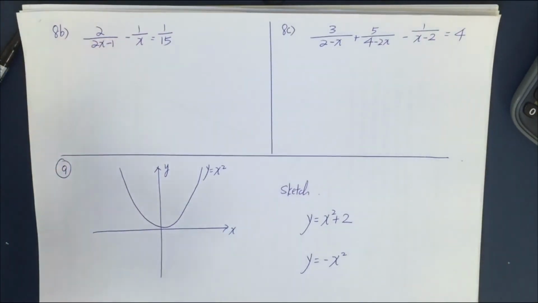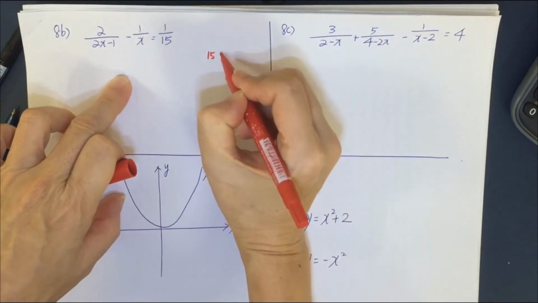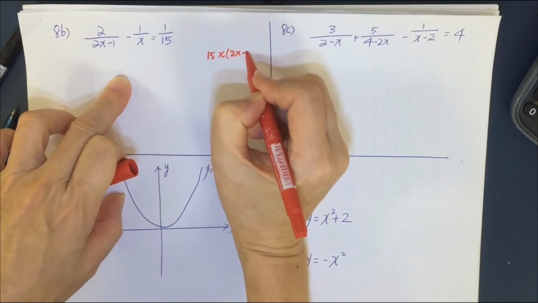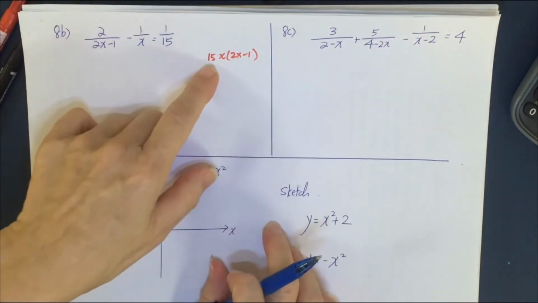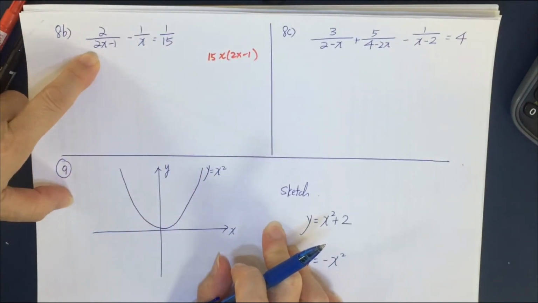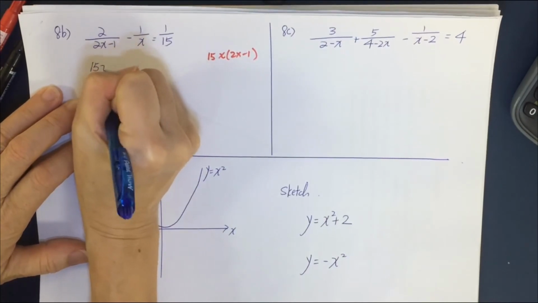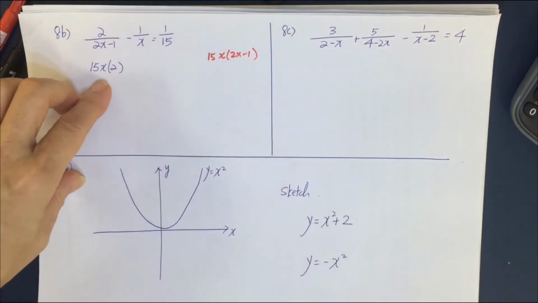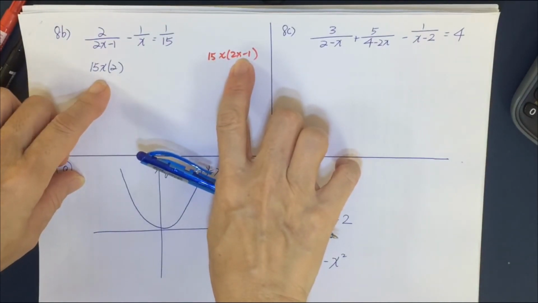Okay, so look for the common denominator. So you have 15, you have x, you have 2x minus 1. So the common denominator will be this. So when this common denominator is multiplied to this fraction here, I'm getting 15x times 2, because originally it is 2x minus 1.